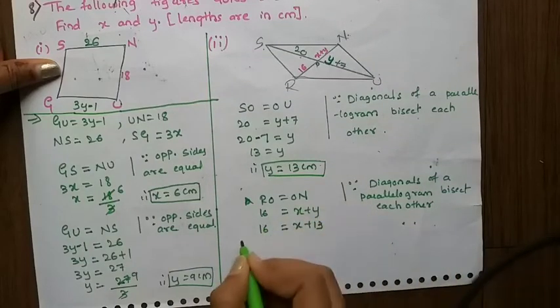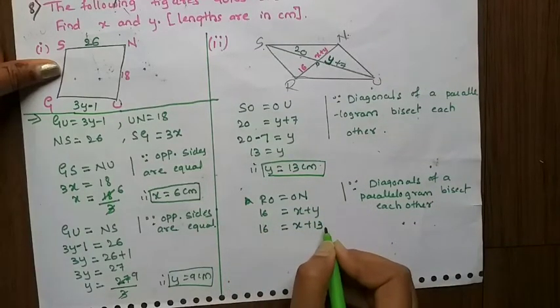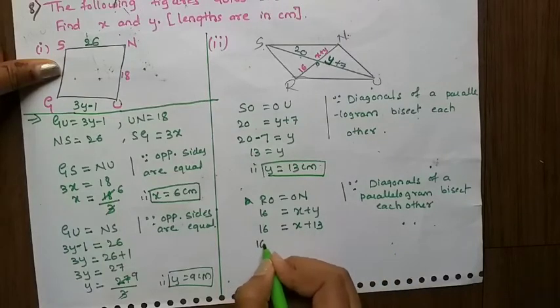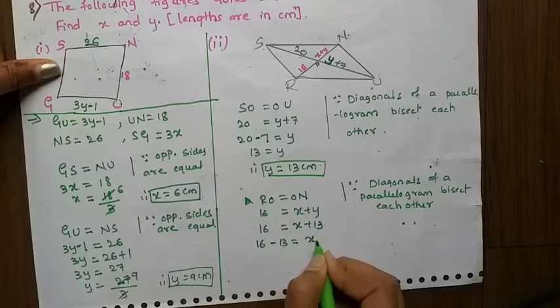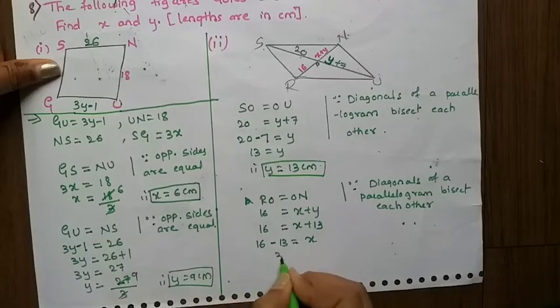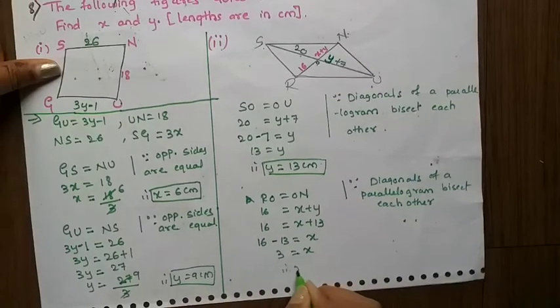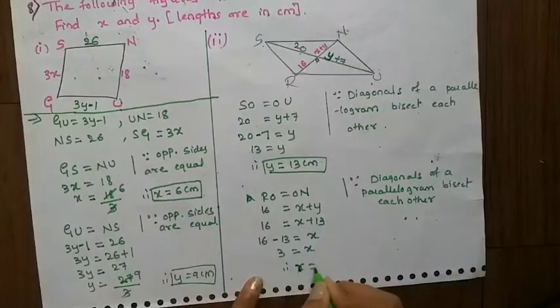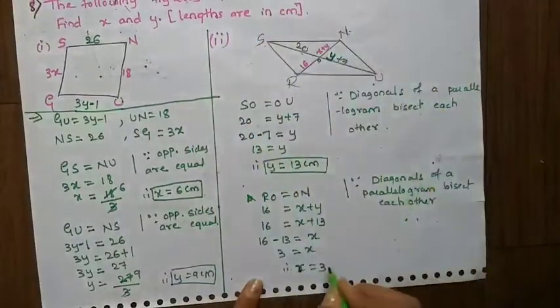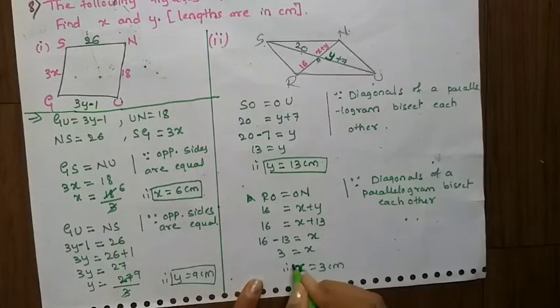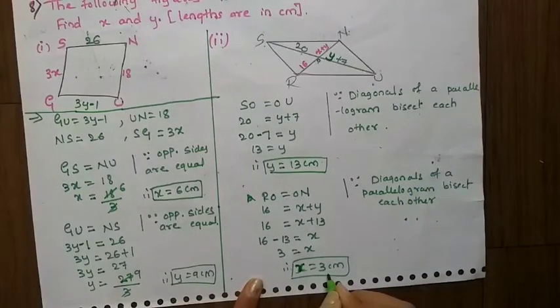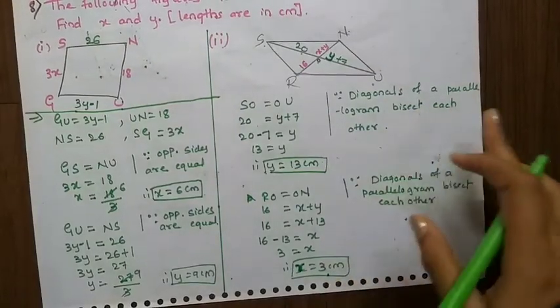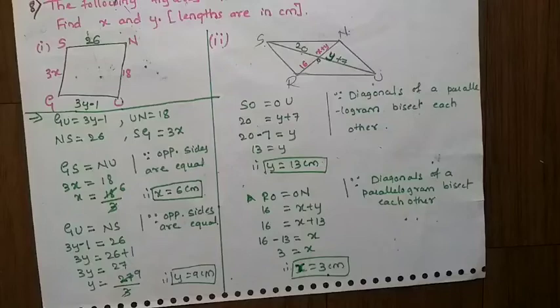When 13 goes to the left hand side, it becomes minus 13. So 16 minus 13 is 3, which is equal to x. Therefore x is equal to 3 centimeter. Here x is 3 centimeter and y is 13 centimeter. The property is that the diagonals of a parallelogram bisect each other. This is the solution of the 8th question.